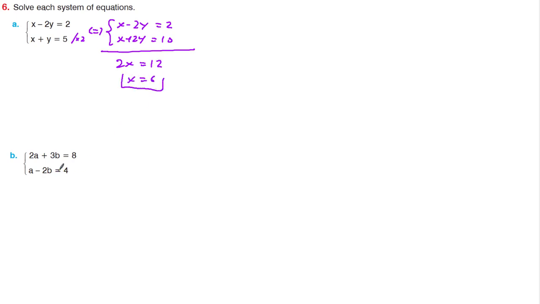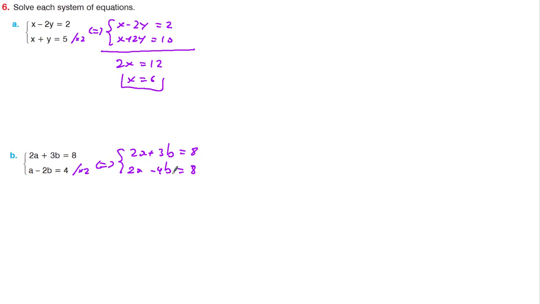Let's try the same here. We can multiply this one by 2, and you get 2a plus 3b is equal to 8, 2a minus 4b is equal to 8.